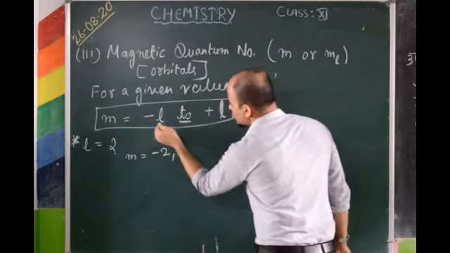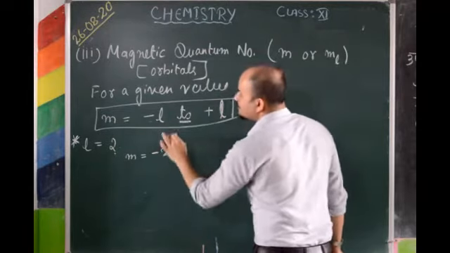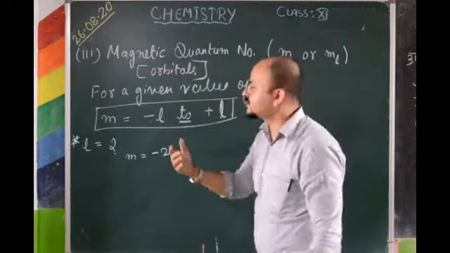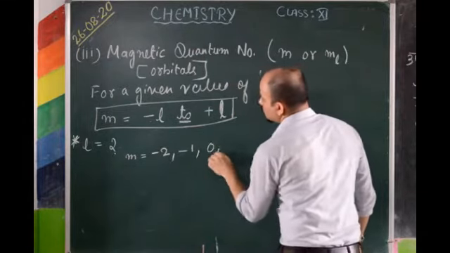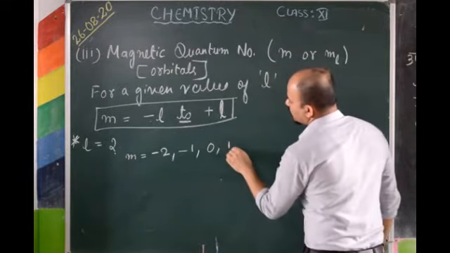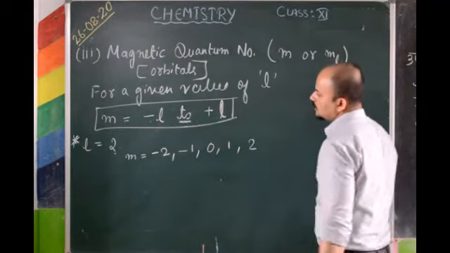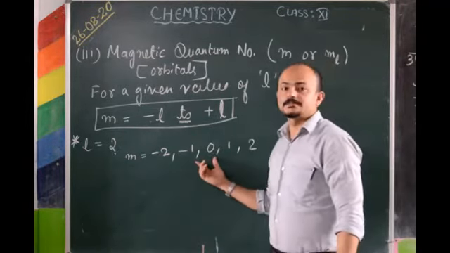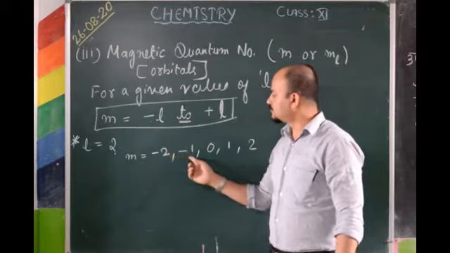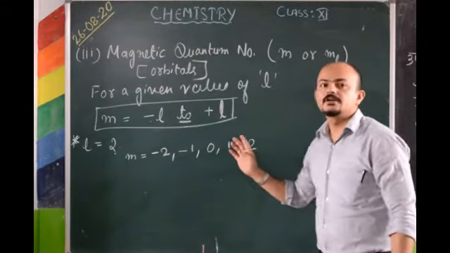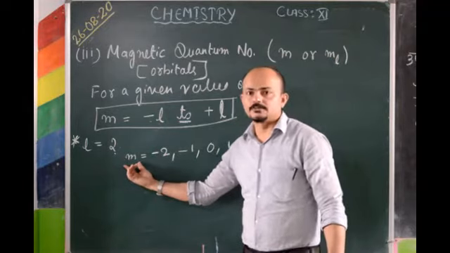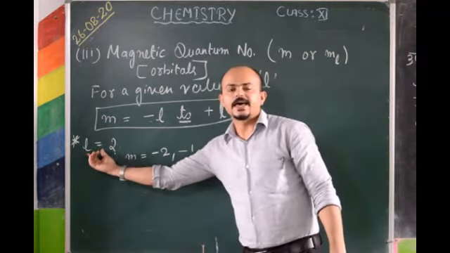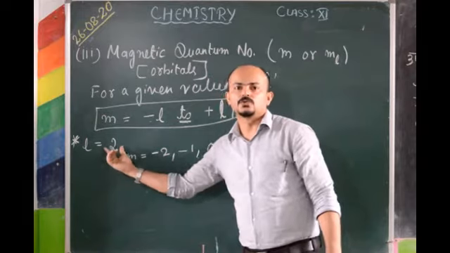From minus l to plus l, whatever numbers come in between. So minus 2, minus 1, 0, 1 and 2. In this case, how many values do you have? You have 5 values of the magnetic quantum number for the given azimuthal quantum number, which is 2.